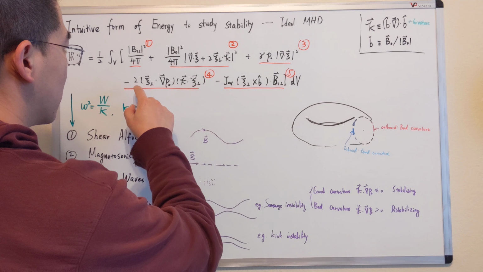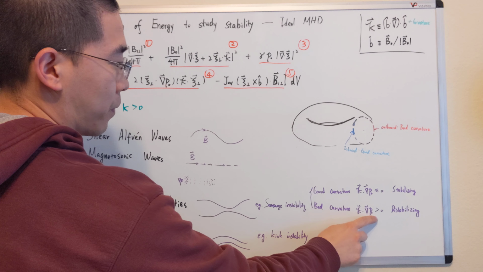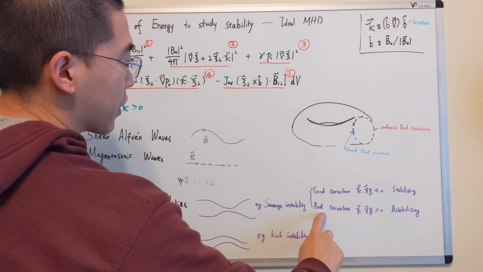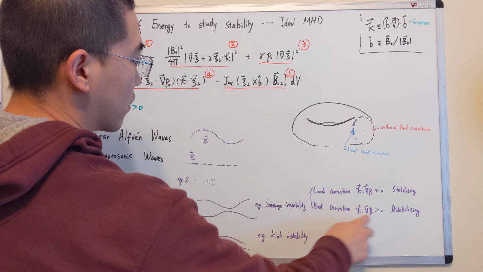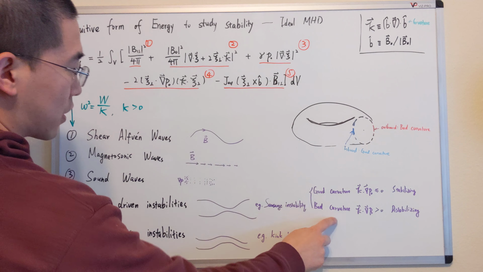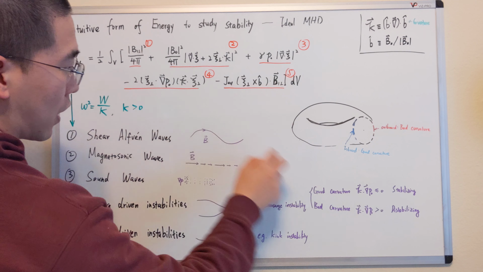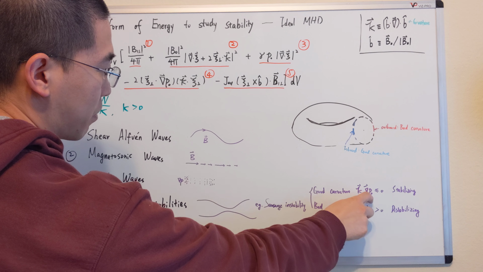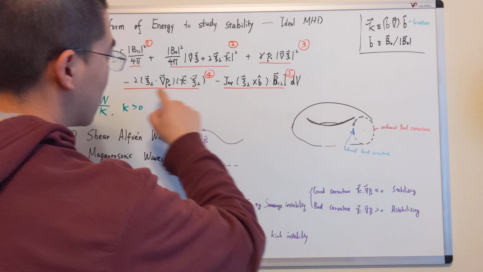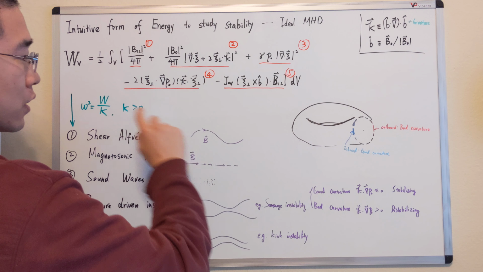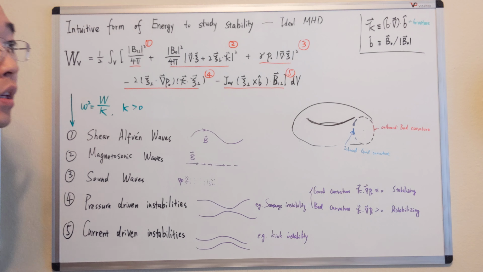So it's unstable. So from here we know that we're in a bad curvature region. On the other hand, if kappa dot grad P is less than or equal to 0, then this term will become positive. It will be stabilizing, which is good curvature.